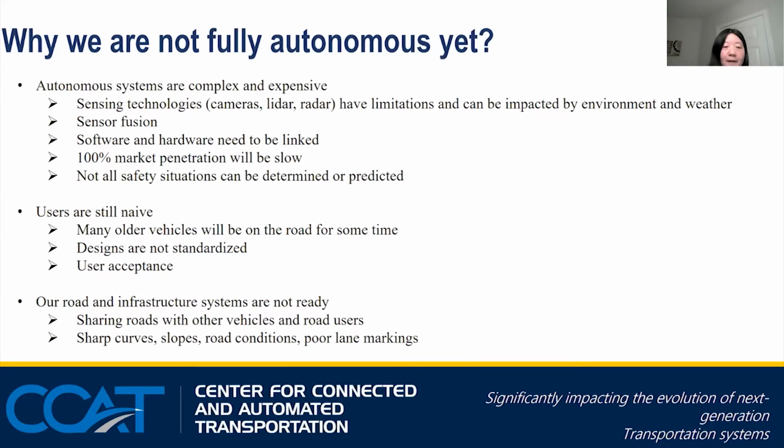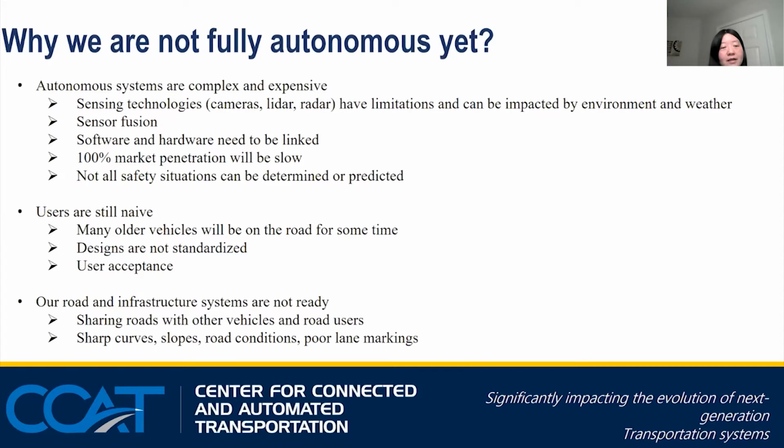So there are also concerns of user acceptance. Some users adopt the new technology faster, while others are more hesitant in adapting to new technologies. Those are also challenges and things we need to consider.